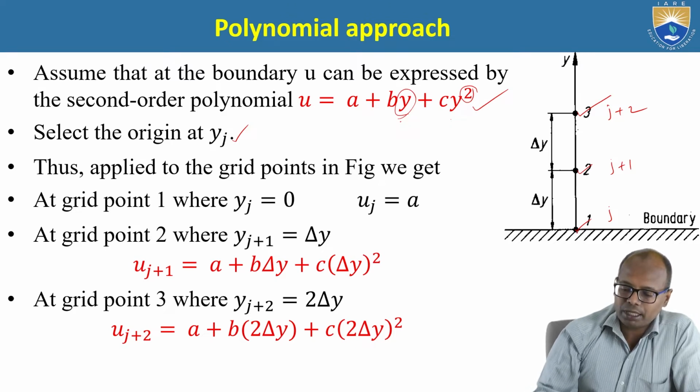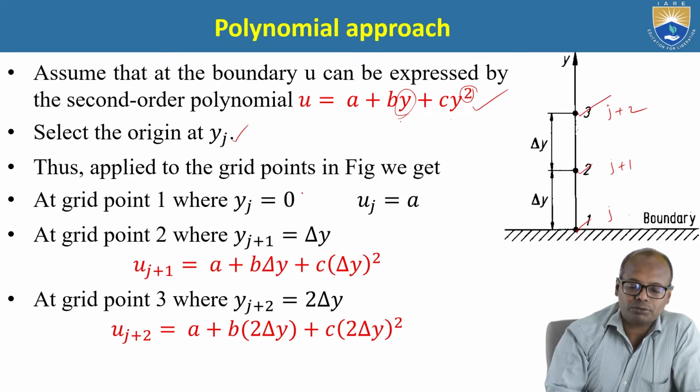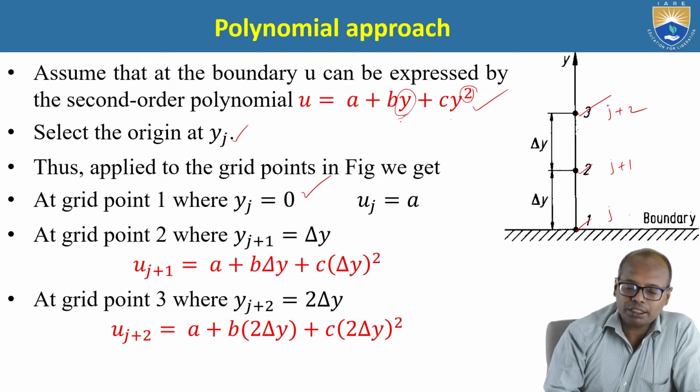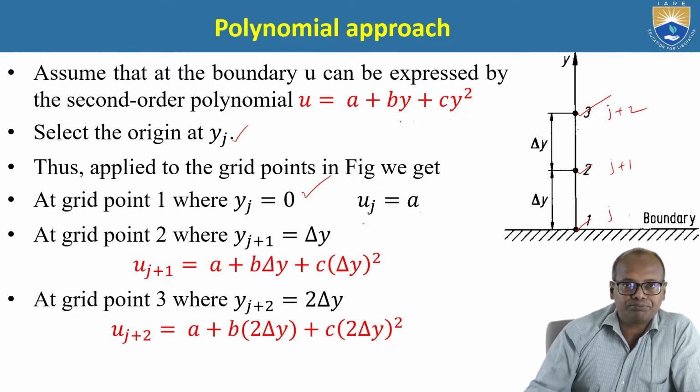At point 1 the value of yj is equal to 0. If I substitute yj equal to 0, the b y term becomes 0 and the c y square term becomes 0, then uj is equal to a. So we found the value of uj.